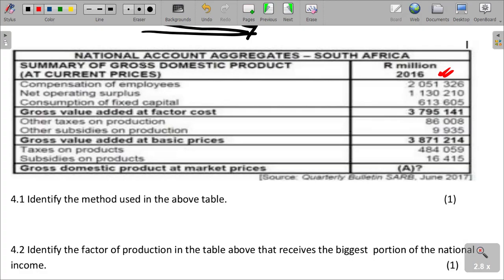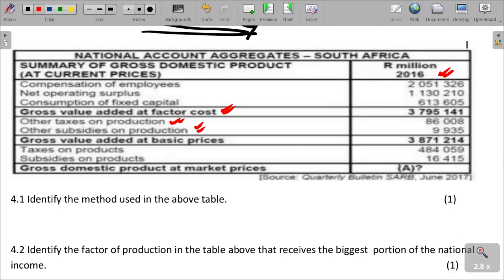We are also given gross value added at factor cost, taxes and subsidies on production, and gross value added at basic prices. And then we have gross domestic product at market prices, which is not calculated.